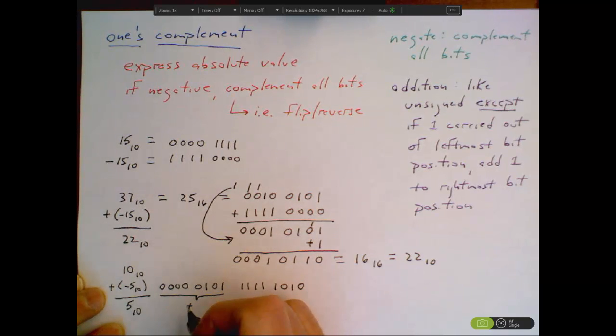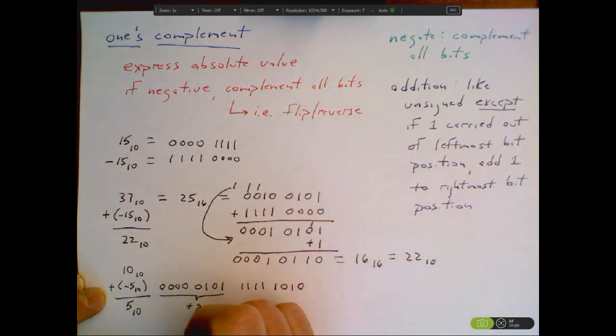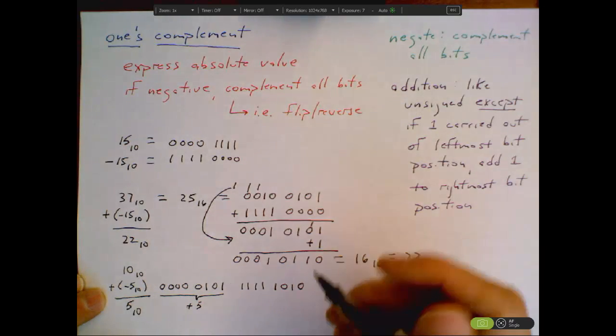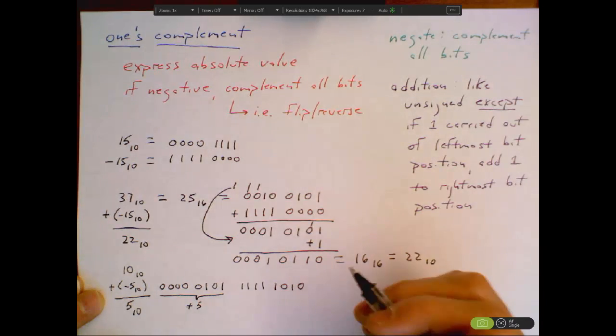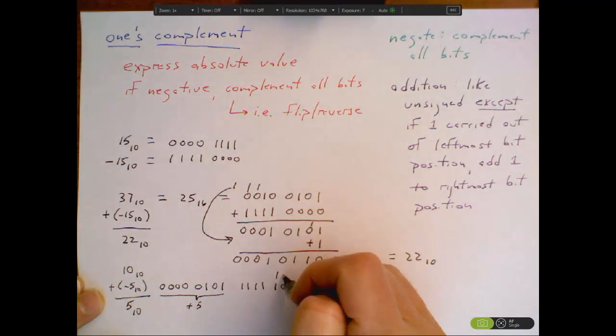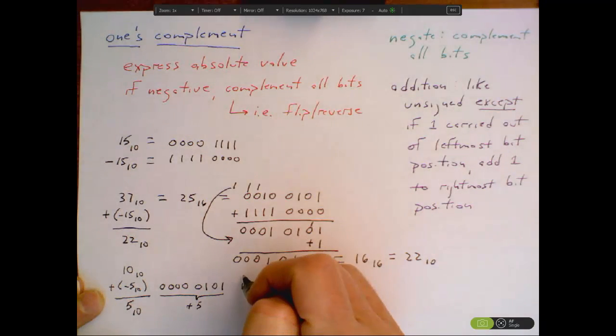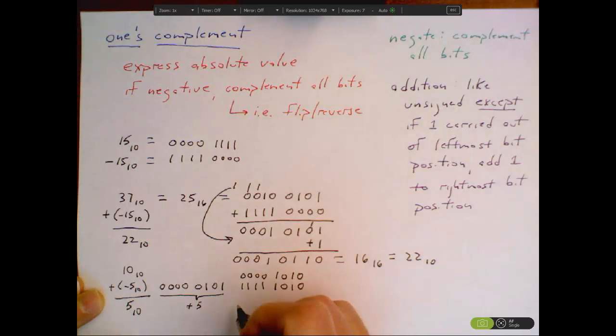So this was plus 5. And then I didn't negate those bits, I complemented those bits in order to get negative 5. And now let's put 10 on top of that. 10 is 1, 0, 1, 0, 0, 0, 0, 0.